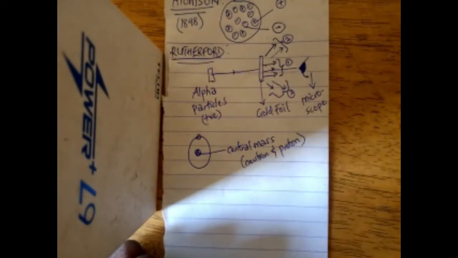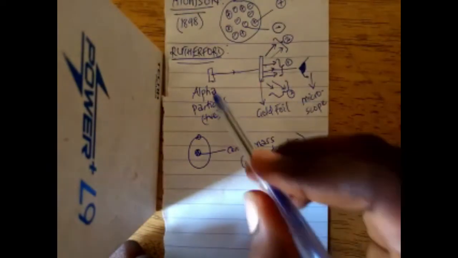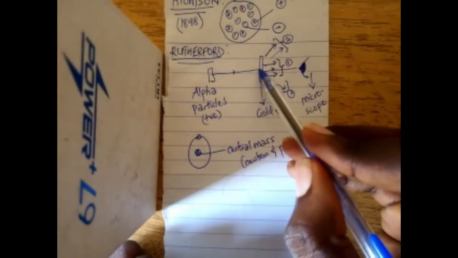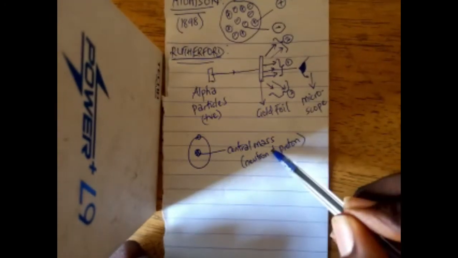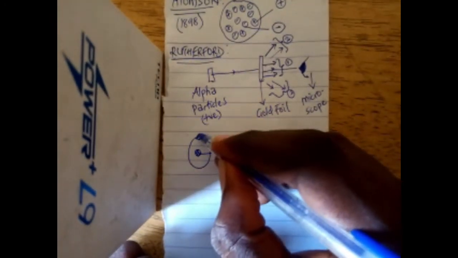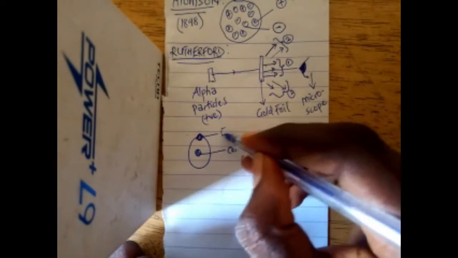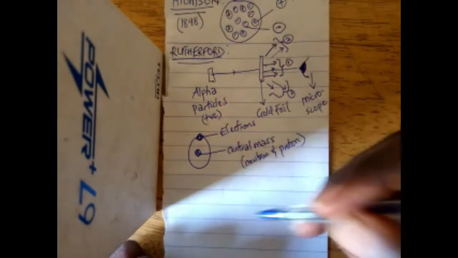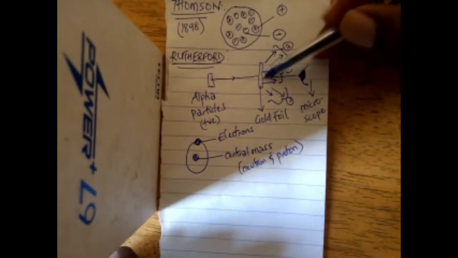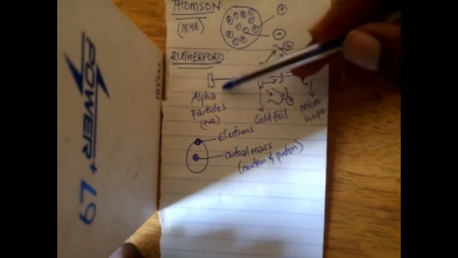As a result of these alpha particles passing through, we have a central mass consisting of neutron and proton, and we have an external area in which electrons orbit around.